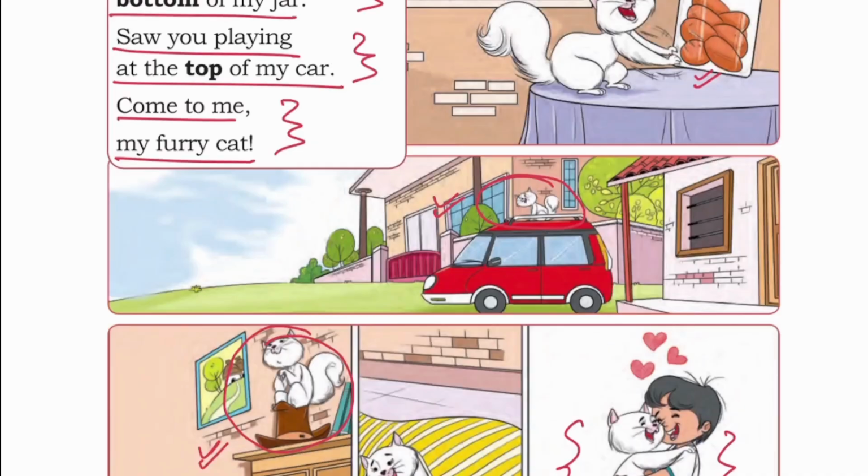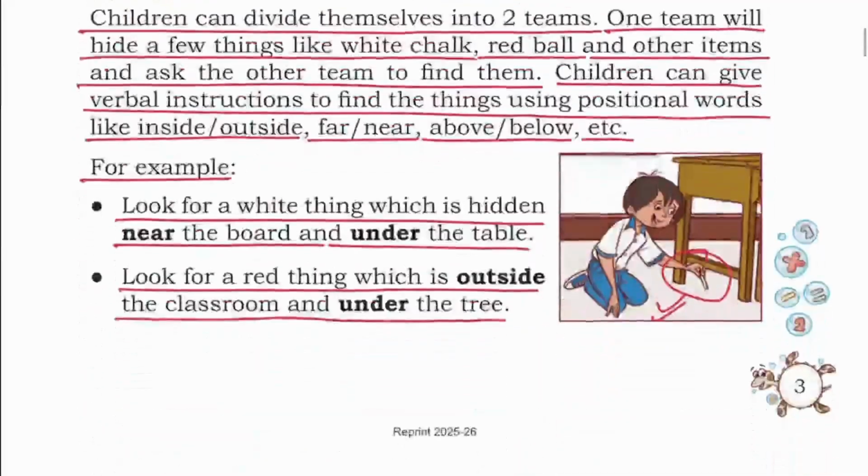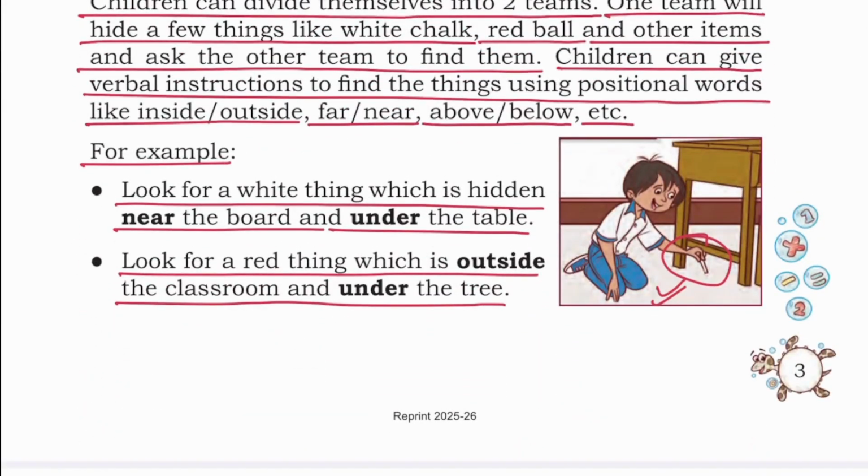You can see here a red thing that is outside the classroom and under the tree, or there could be a ball which is of red color and outside the classroom and under a tree.